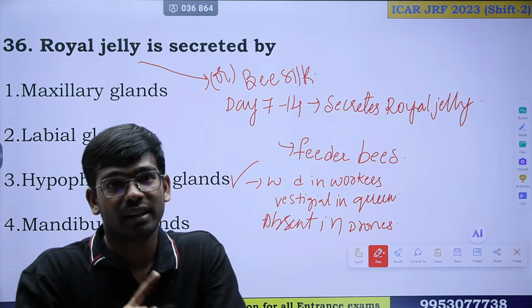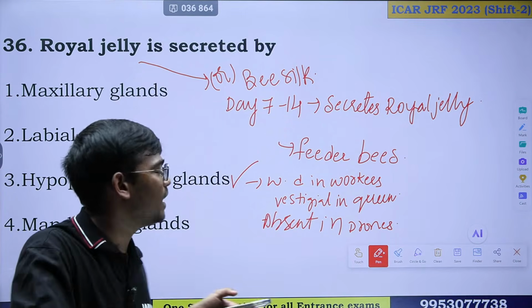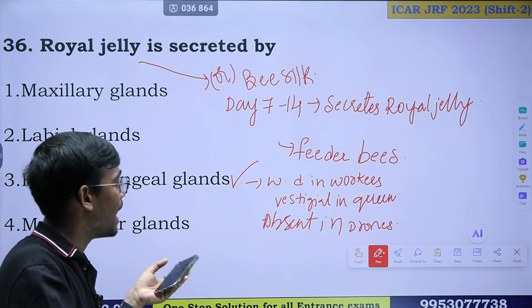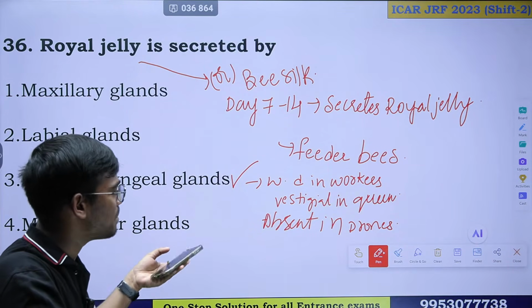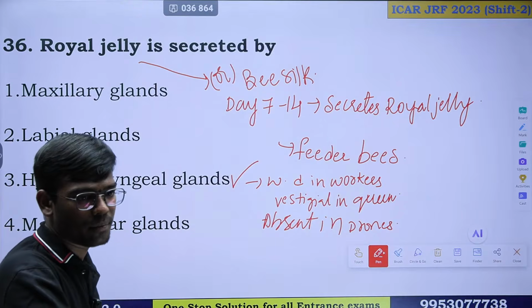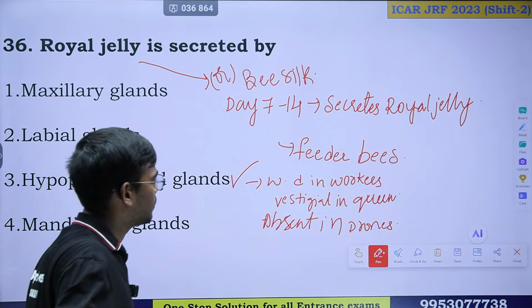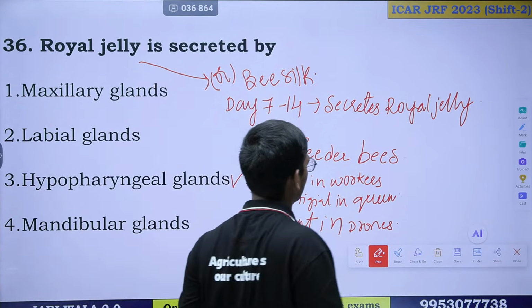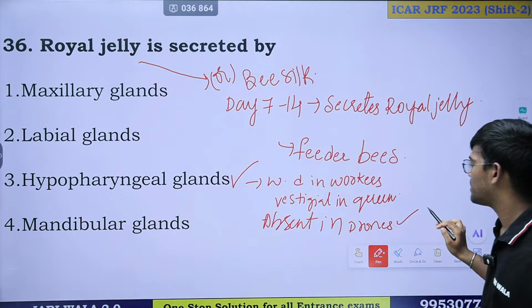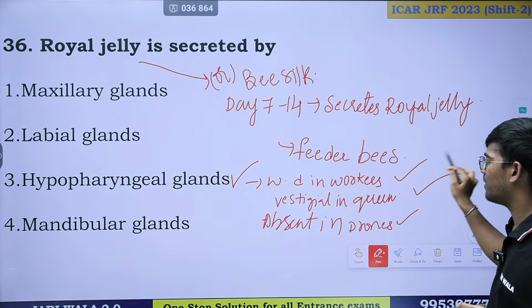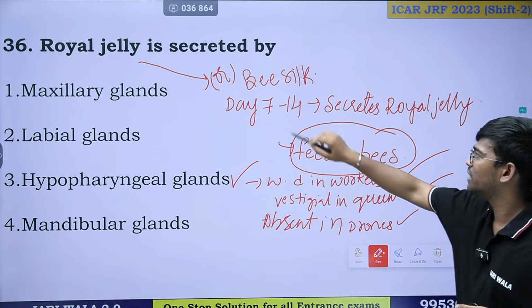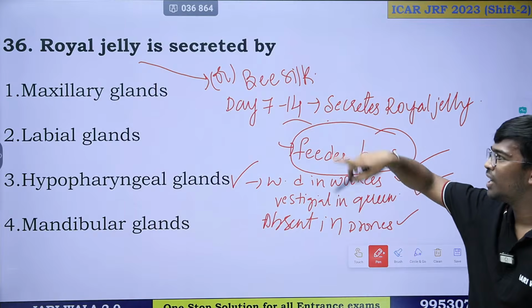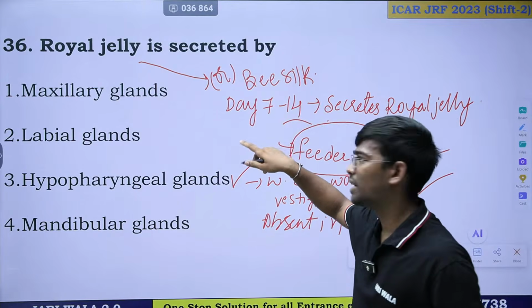The hypopharyngeal glands are well developed in workers, vestigial or non-functional in the queen, and completely absent in drones. From day 7 to 14 they secrete royal jelly. Royal jelly is also called bee silk.